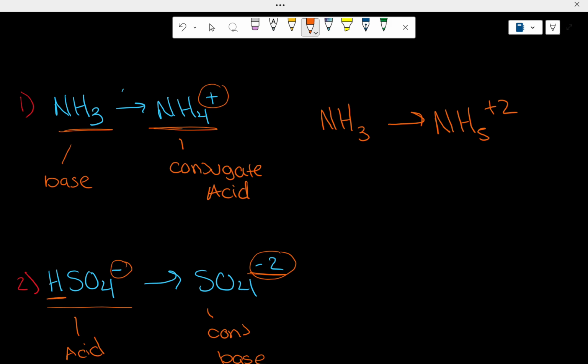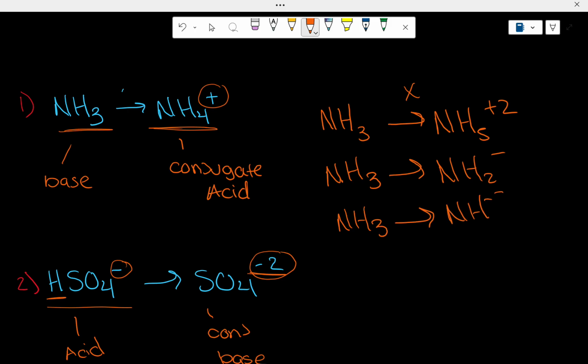So this wouldn't work, right? Now this one right here, that would work because you only took away 1 proton. But then once again, this wouldn't work because there's a difference of 2 protons. So make sure y'all keep that in mind. Just want to make sure that it was clear.